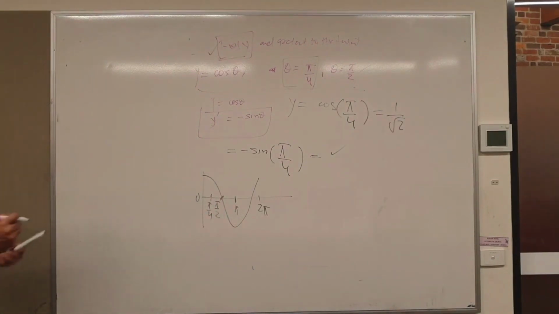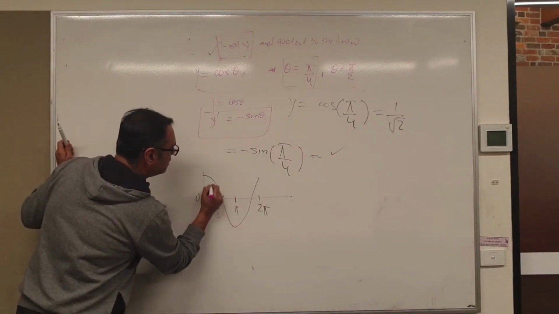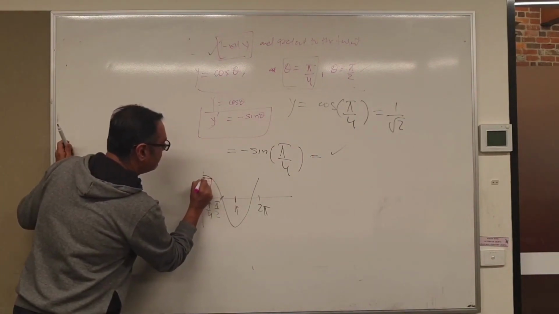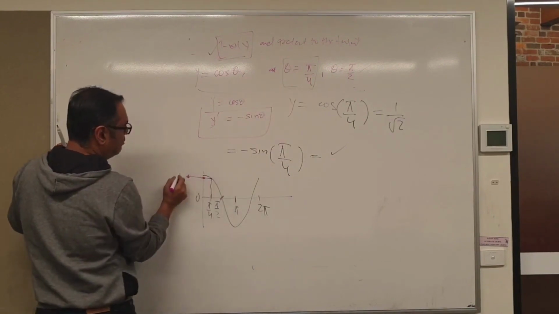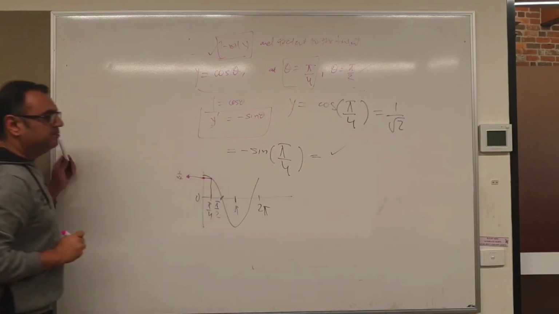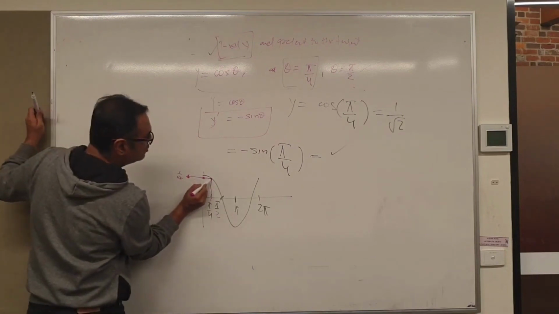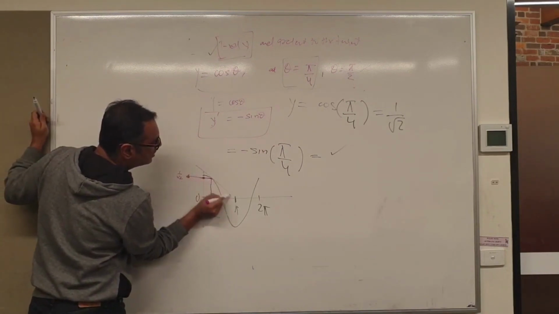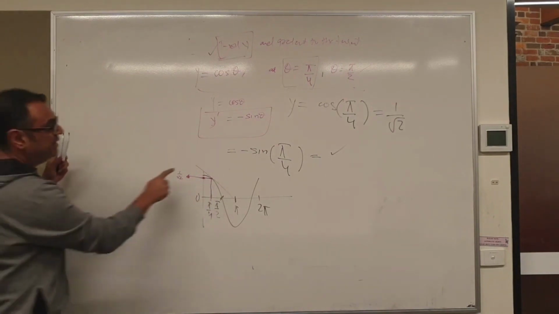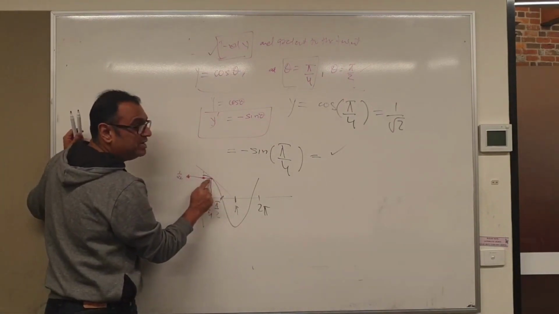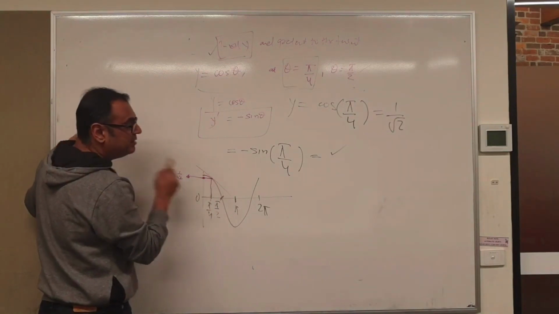So I need to find this value here, which is 1 over root 2. And I also need to find, if I draw a tangent here, the gradient of the tangent at this point. And what is that?